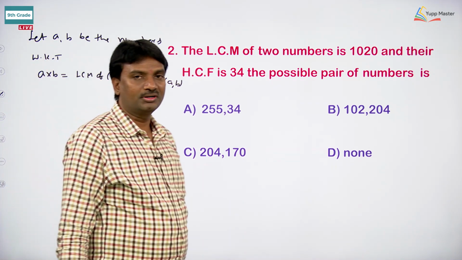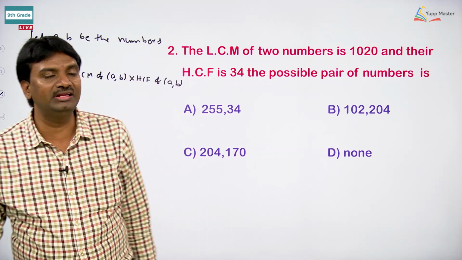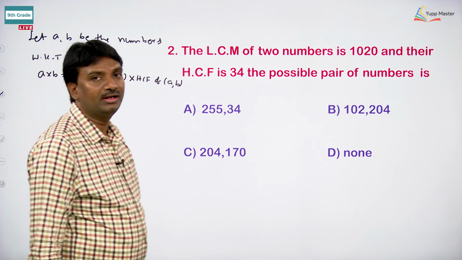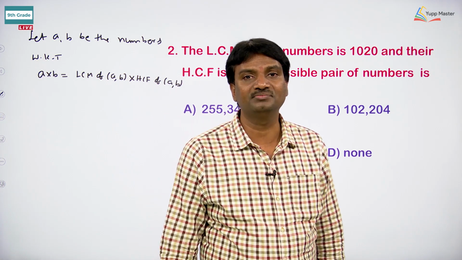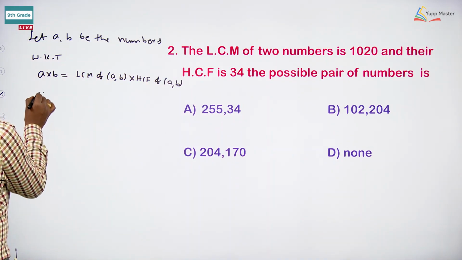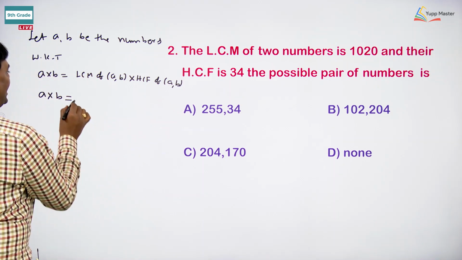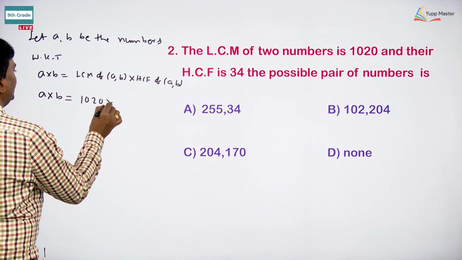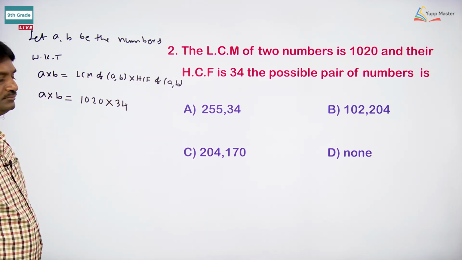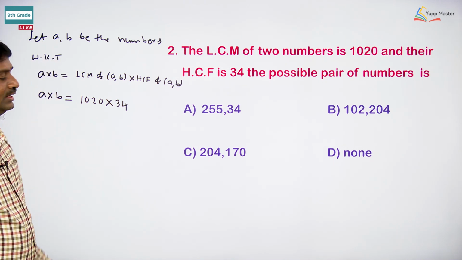We know that if A, B are two numbers, then the product of the two numbers, A into B, equals LCM of A, B into HCF of A, B. So from this we can write A into B equal to 1020 into 34, that is the product of the two numbers.